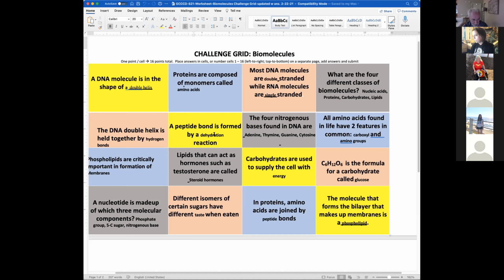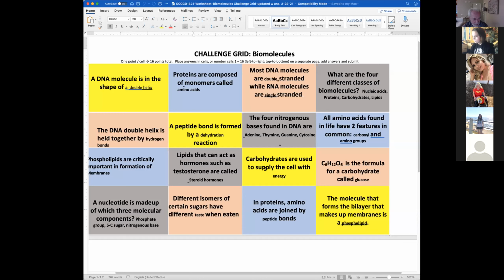4 nitrogenous bases: adenine, thymine, guanine, and cytosine. All amino acids have 2 features in common, a hydroxyl group and an amino group. Phospholipids are critically important in the formation of membranes. Lipids can act as hormones called steroid hormones.